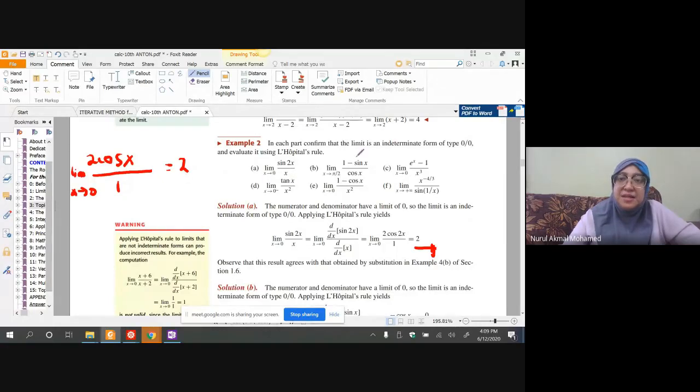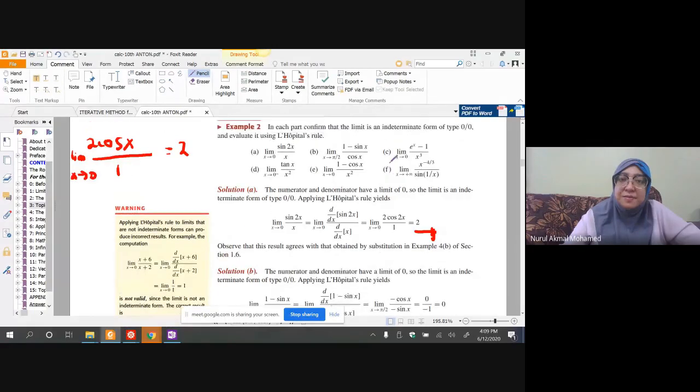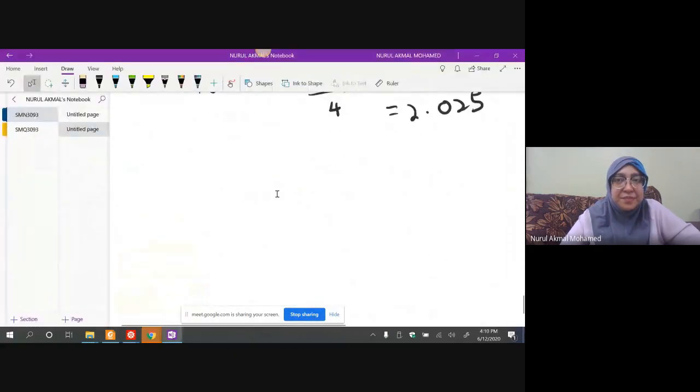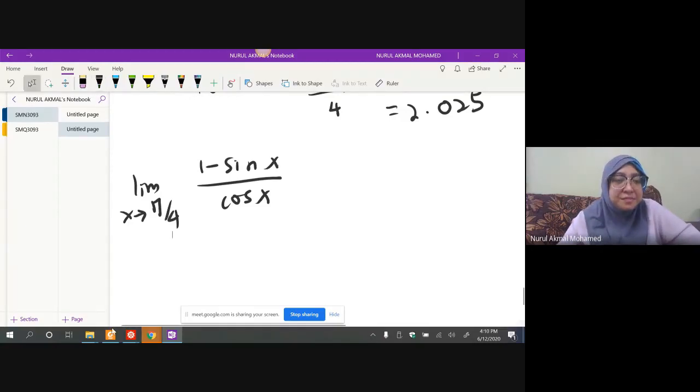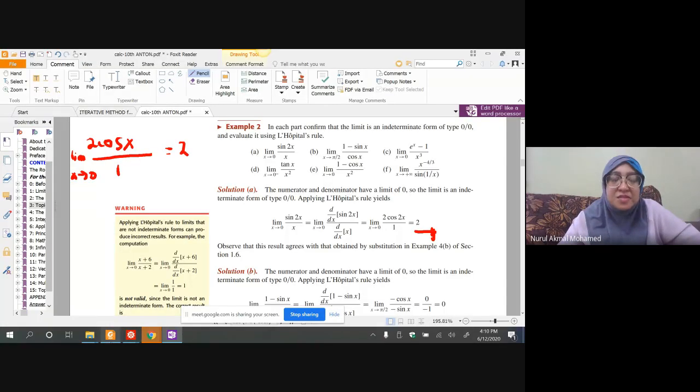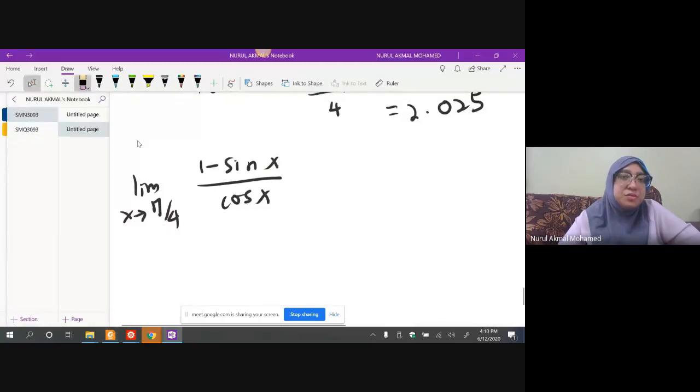And then for B, okay, for B, 1 minus sine x divided by cos x. One minus sine x divided by cos x for the limit x tends to, I think, pi over 4, is it? Sorry, pi over 2.